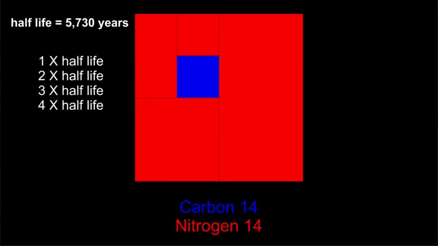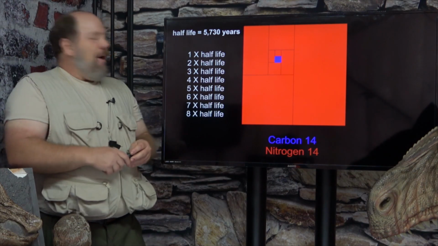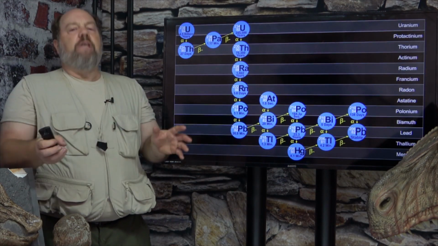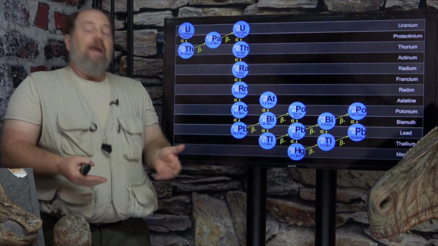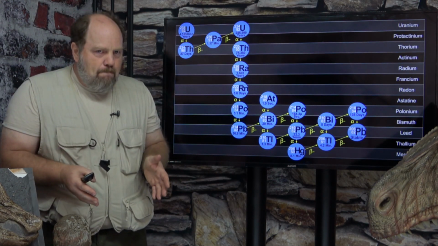So every half-life period sees half of the remaining isotope breaking down or transmutating, leaving behind only half of the original radioisotope. Now, some isotopes have a half-life of billions of years. Some isotopes have a half-life so short, it's measured in seconds divided down to the 24th decimal place.